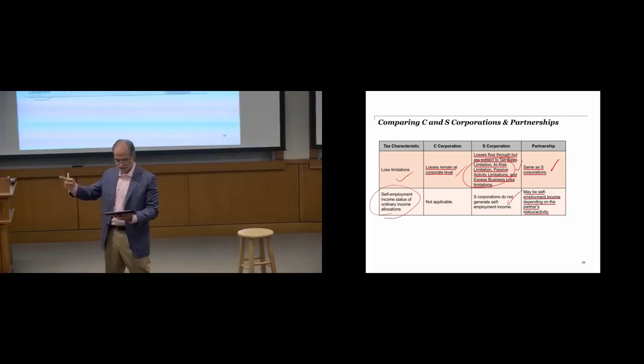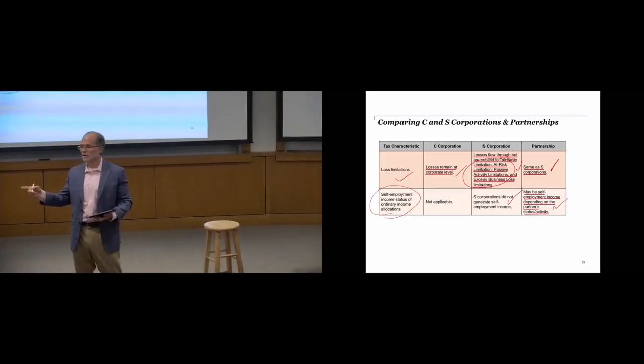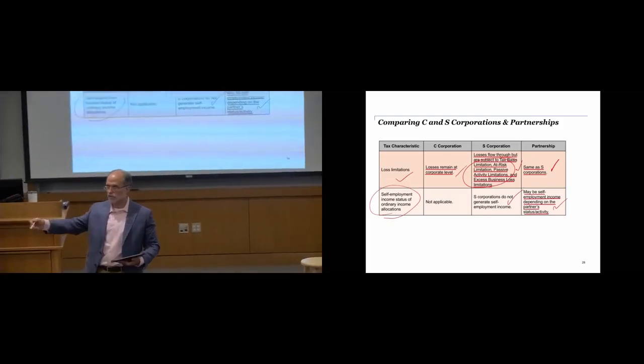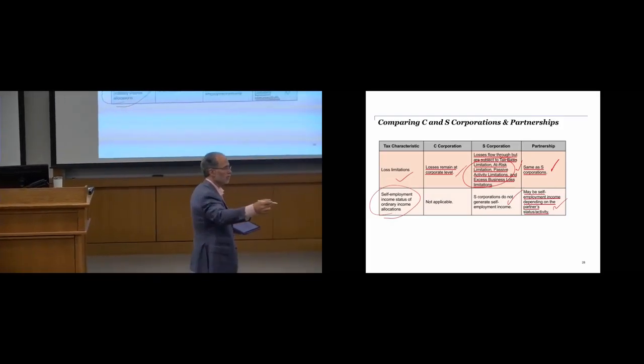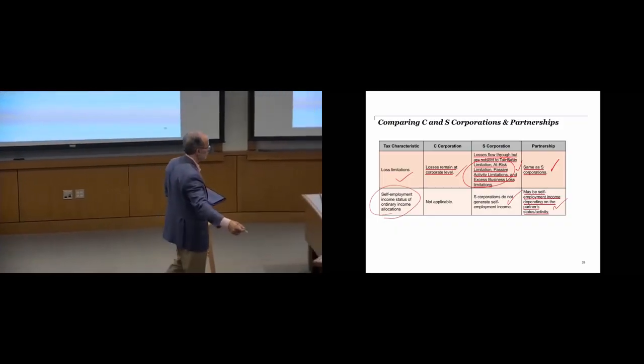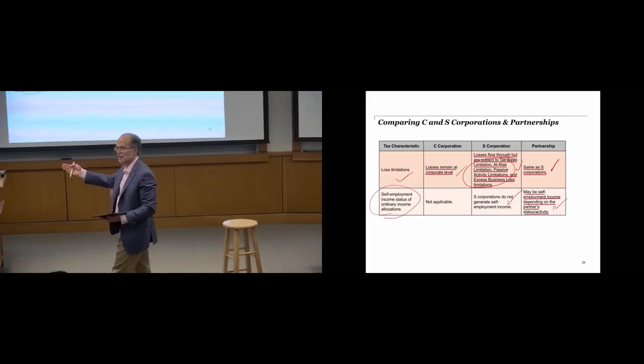S corporation, you're not considered self-employed, so they do not generate self-employment income. Partnership, you may be considered self-employed depending on your level of activeness within the business of the partnership. If you're a day-to-day employee, you're a passive real estate investor, maybe you're not.